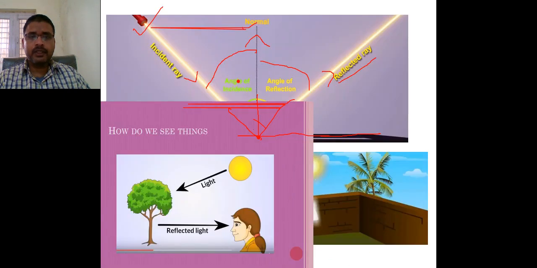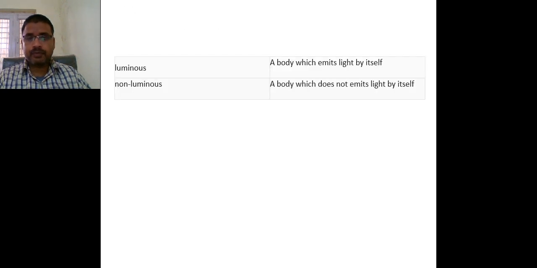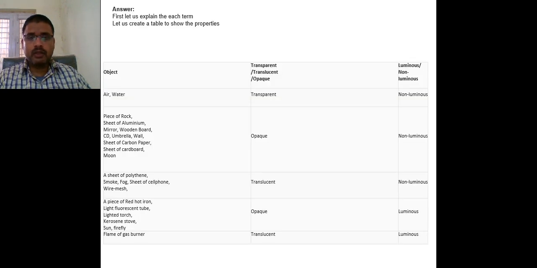After that you have to solve these questions. These questions are very, very important. Learn these questions. In this question, things are given and you have to identify which materials are transparent, opaque and translucent, and whether they are luminous or non-luminous. There are different questions here.